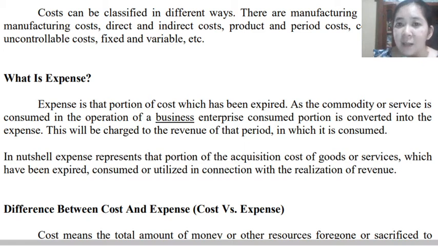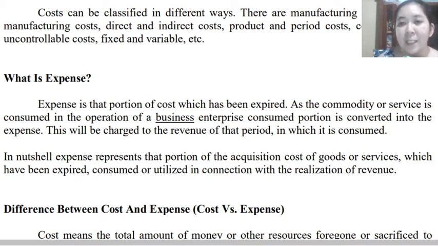And if there is no sale, these costs will still remain in our asset account under the inventory. Okay, so that is cost, while expenses are those consumed in the operation of the business and not actually allocated in the cost of production. So they are recognized immediately in the period in which they were incurred. That is an expense, not a capitalizable amount of cost. Okay, so this will be charged to revenue for a particular period in which they are consumed.